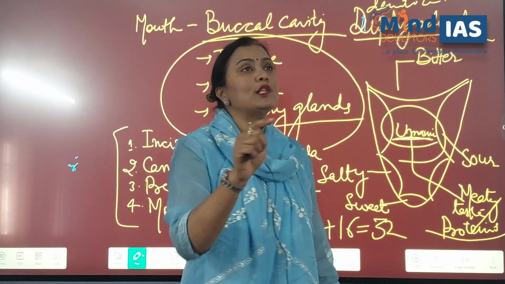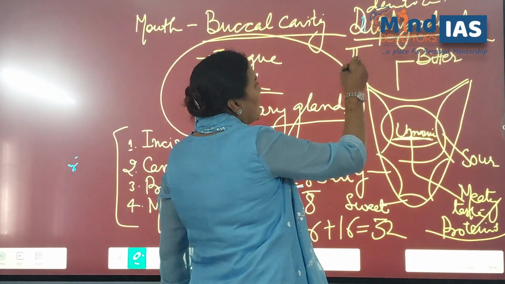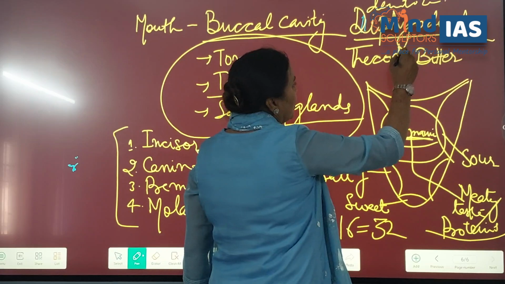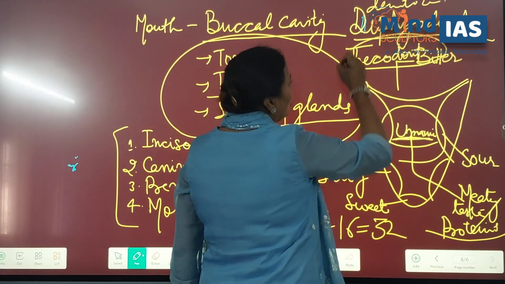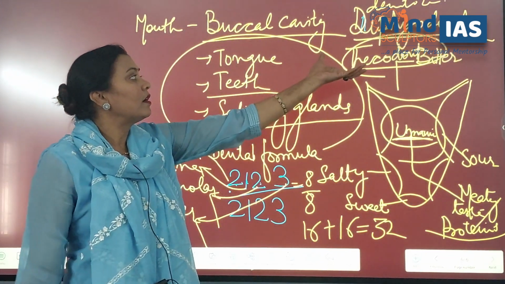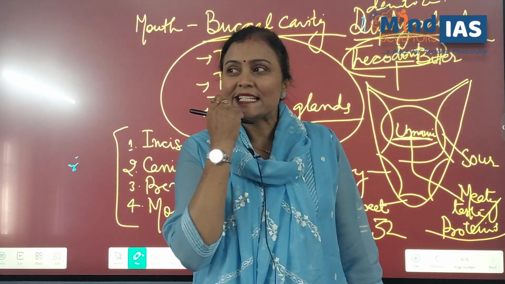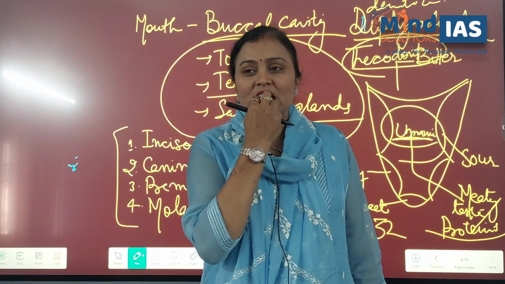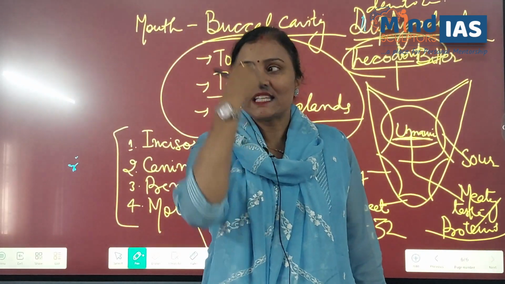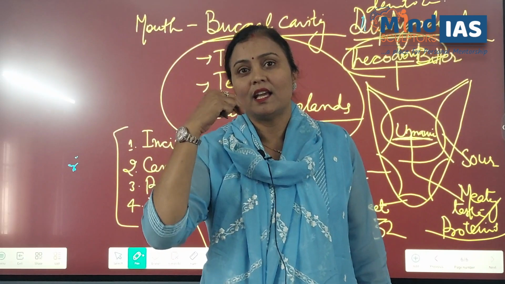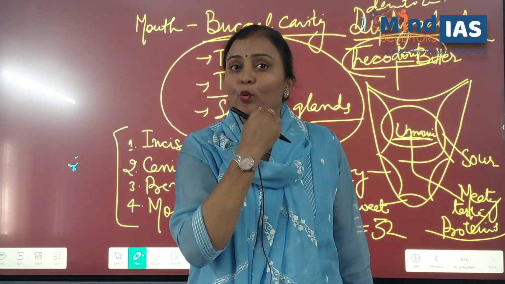Human teeth are also known as thecodont. We have this kind of dentation also. Now, what is the meaning of the word thecodont? If you see human teeth, your teeth or my teeth, they are embedded inside a cavity, inside a muscular or bony cavity.